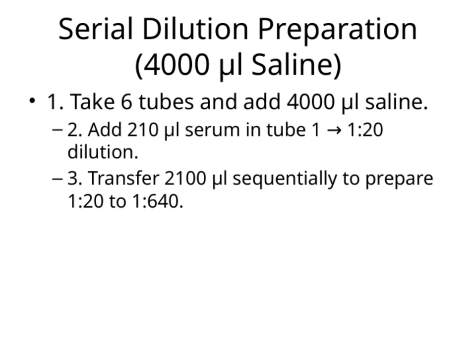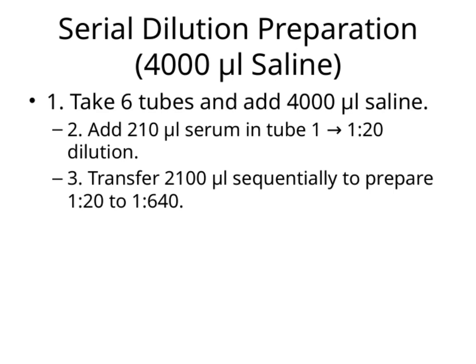From there, we transfer 2,100 microliters from the first tube into the second tube, which already contains saline. This transfer effectively dilutes the serum further, moving us from a 1:20 to a 1:40 concentration. We continue this process sequentially, transferring 2,100 microliters each time to prepare subsequent dilutions, ending up with a series from 1:20 all the way to 1:640.